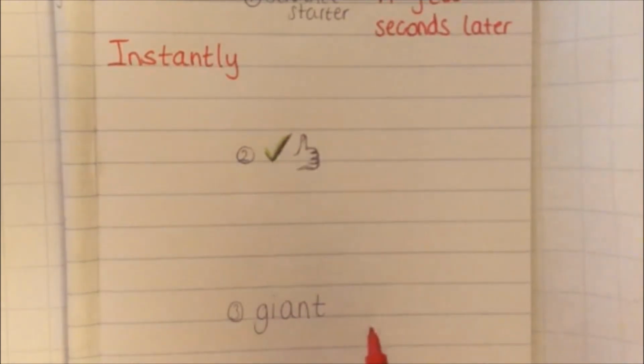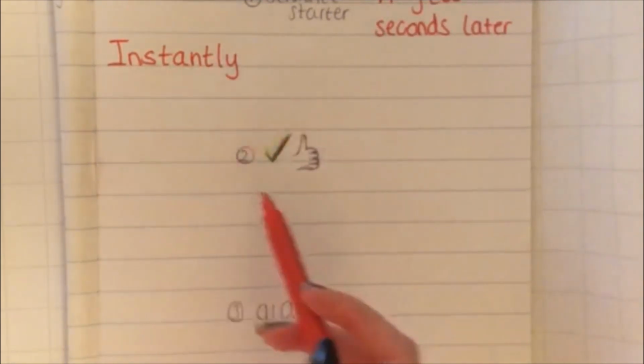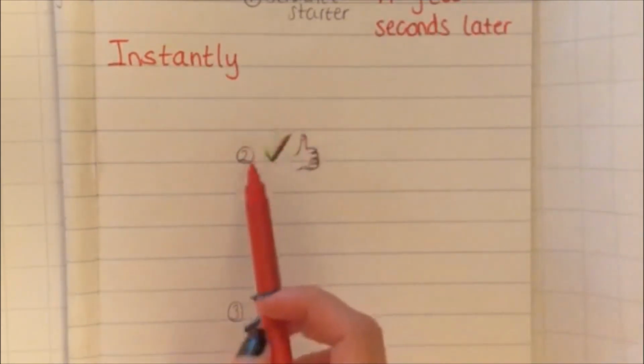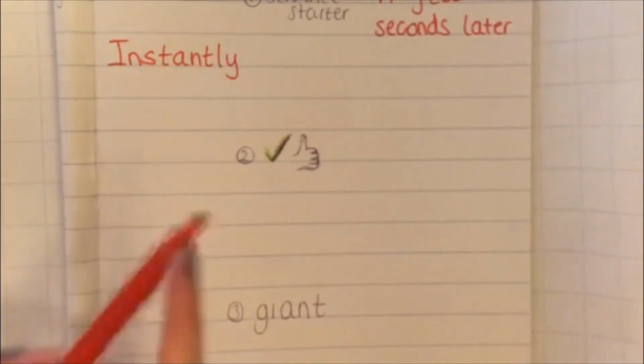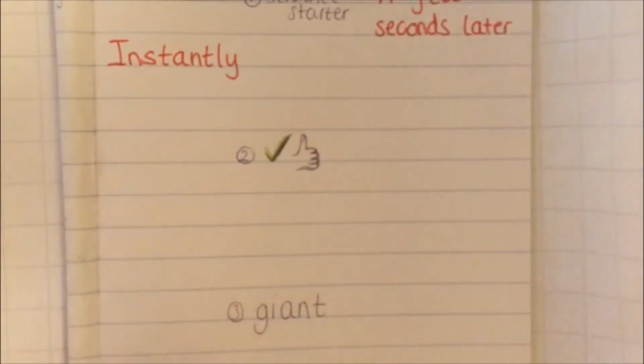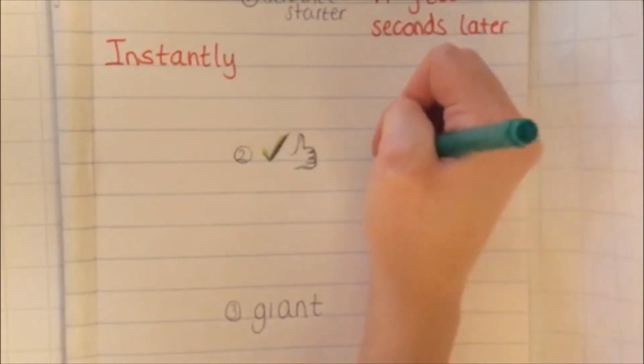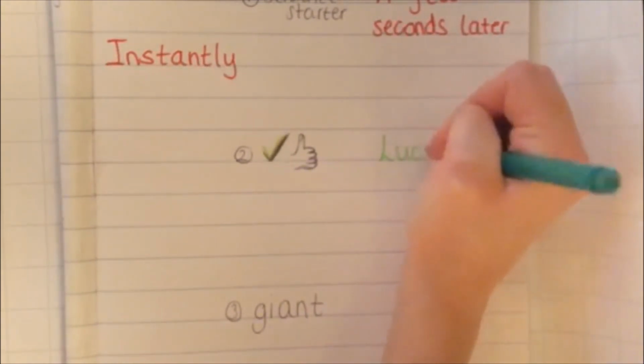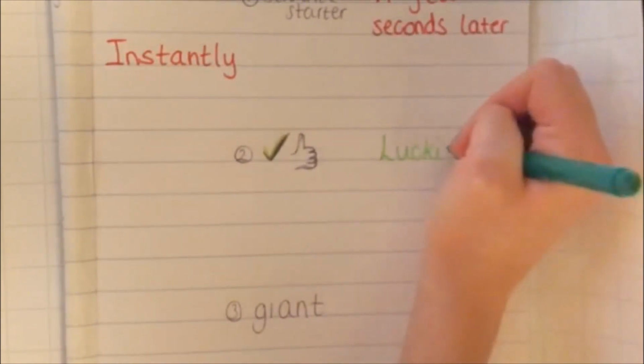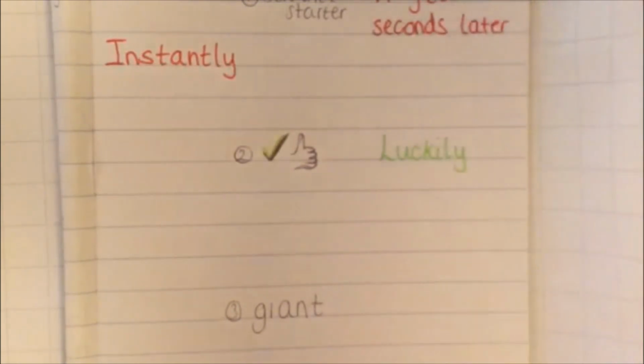So now we need to think of other sentence starters, but this time for number 2, it's for another word than fortunately. So it's another word for lucky. We're very grateful that we have a very clever main character. So I like the word luckily. So we're very lucky that he thought of such a great idea.